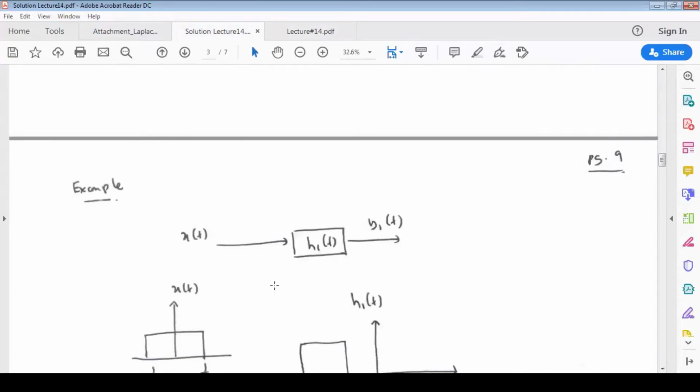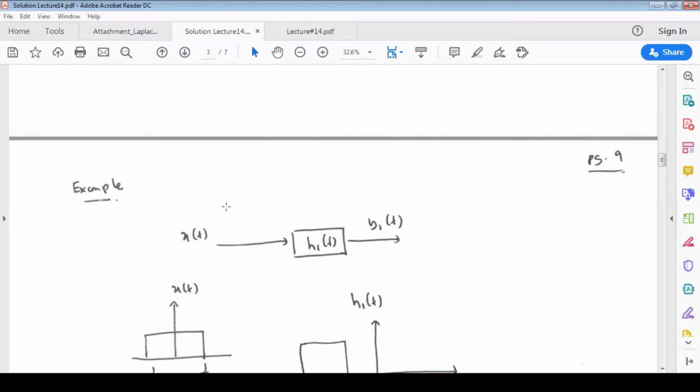Okay, so this will be the block for the relationship between xt, h1t, and y1t. Please bear in mind, students, if you are given this block, the relationship in time domain between the input, the system's equation, and the output supposedly must be y1t equals xt convolved with h1t.